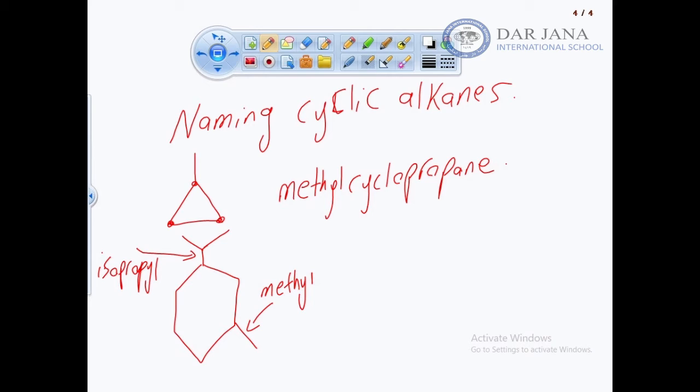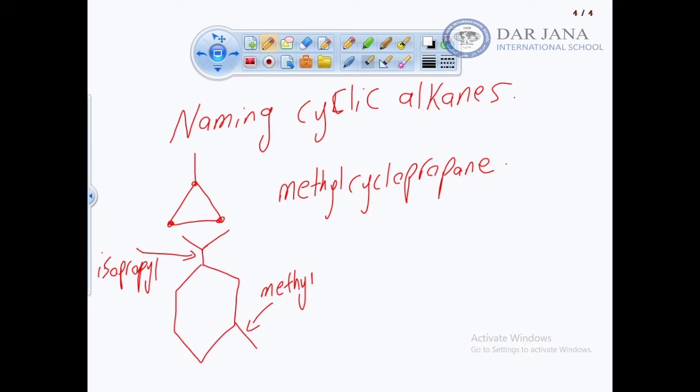So, where do I have to place number 1, on which carbon, on which substituent or alkyl group? Alkyl groups are named in alphabetical order and numbered as well in alphabetical order.